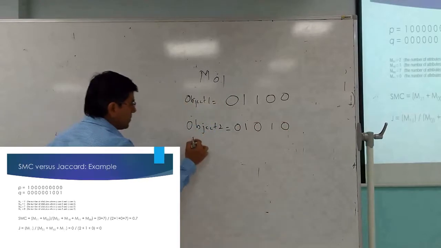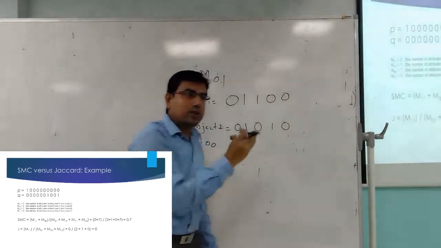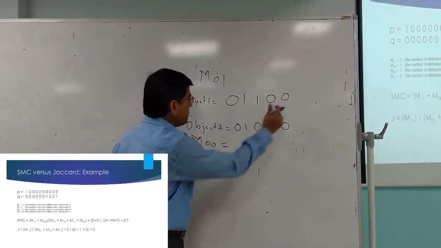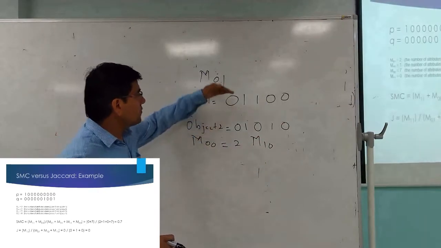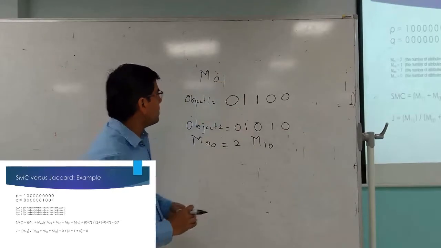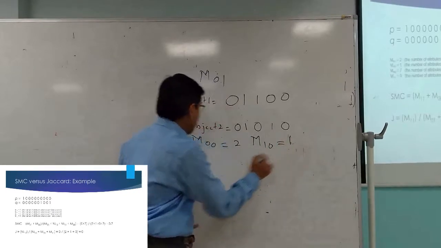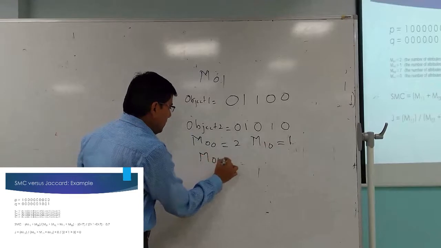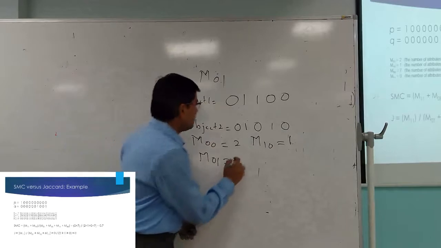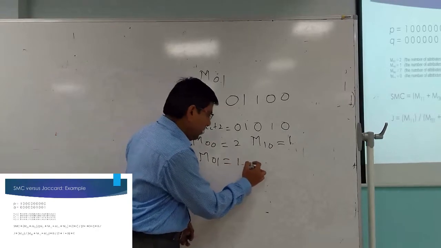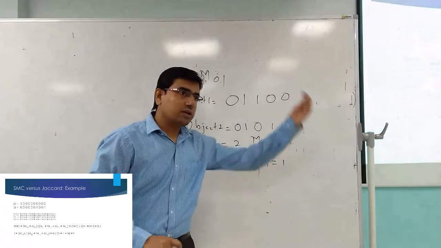Now I would like to compute how many times it was 0 and there was also 0. How many times it was 1 and 1, how many times 1 and 0, and how many times 0 and 1. Then use these m values in the equation.